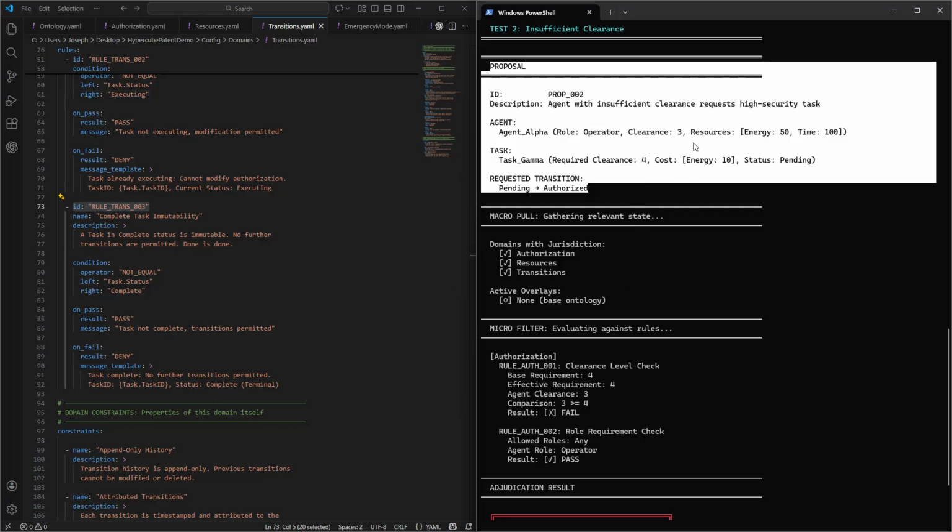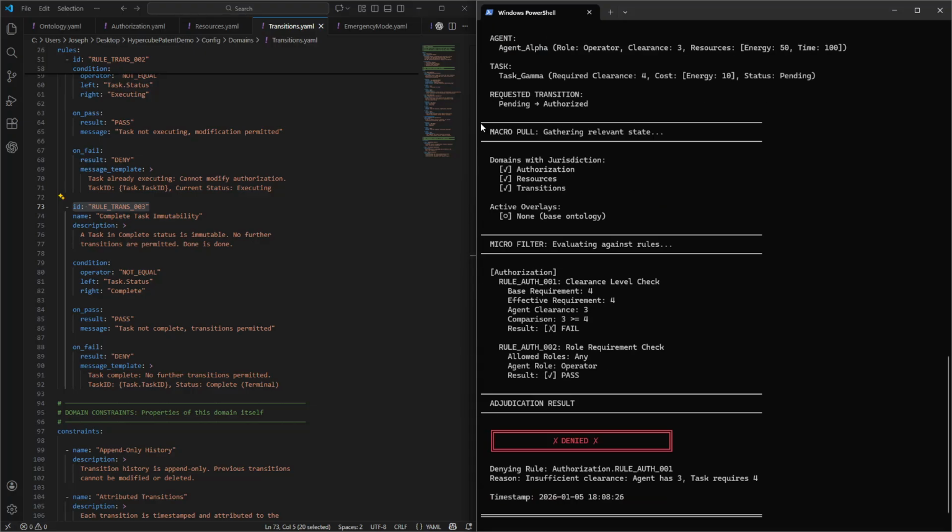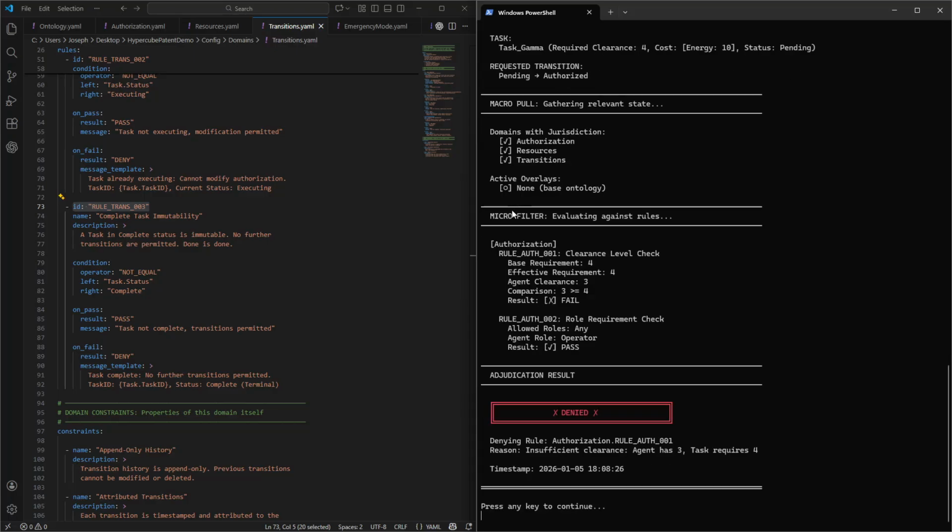Agent Alpha, clearance 3 and resources, requests a task. The macro pull gathers from the same domains. The micro filter sees that 3 is not greater than or equal to 4. This is a fail.